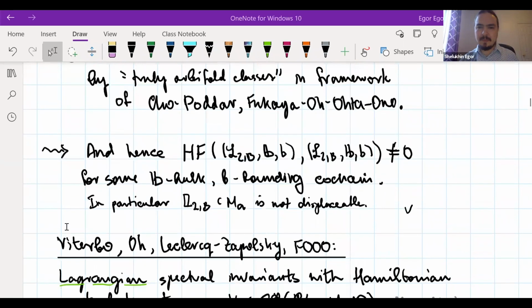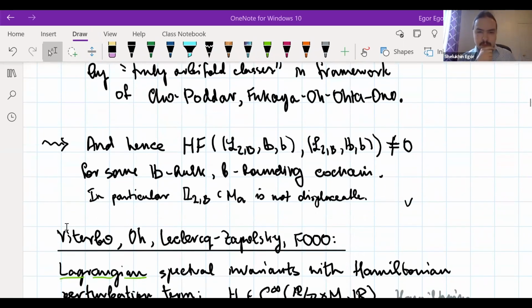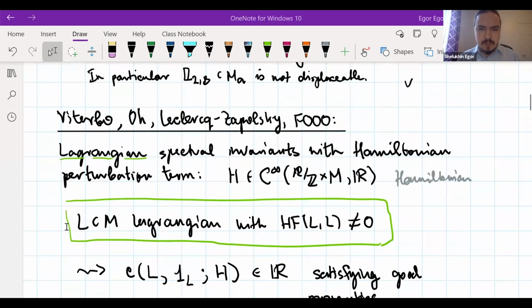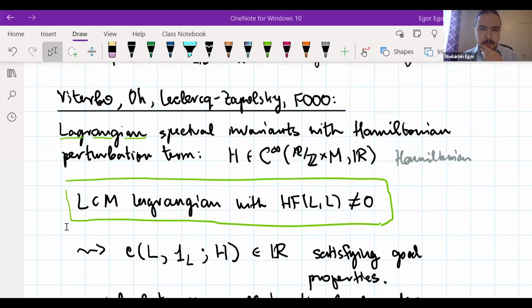Okay, and then the next part of the story is Lagrangian spectral invariants. To my knowledge, they first appeared in work of Viterbo, and they were later investigated by Leclercq, Zapolsky, Fukaya-Oh-Ohta-Ono, and by many others. What I want to say is just a brief description.